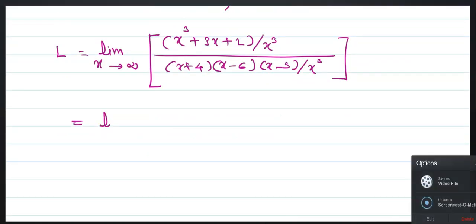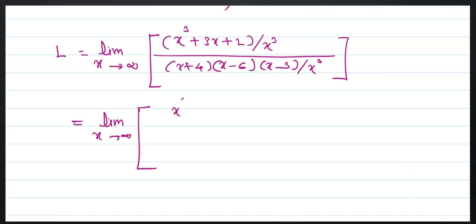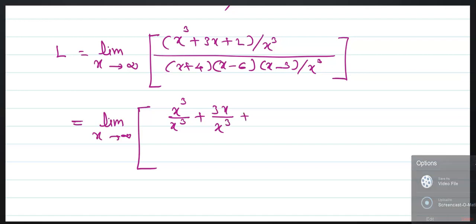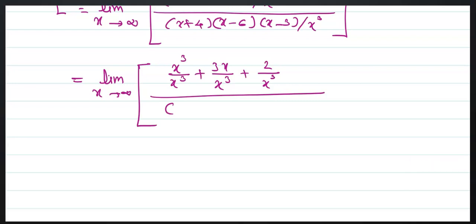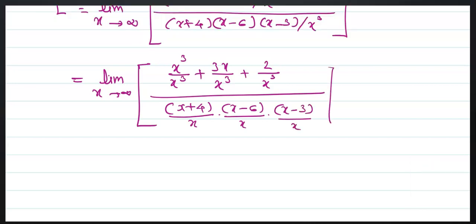Now split up this x cube like this: divide one bracket by x, another by x, and another by x. So x cube upon x cube plus 3x square upon x cube plus 2 upon x cube, over (x plus 4) upon x, (x minus 6) upon x, (x minus 3) upon x.